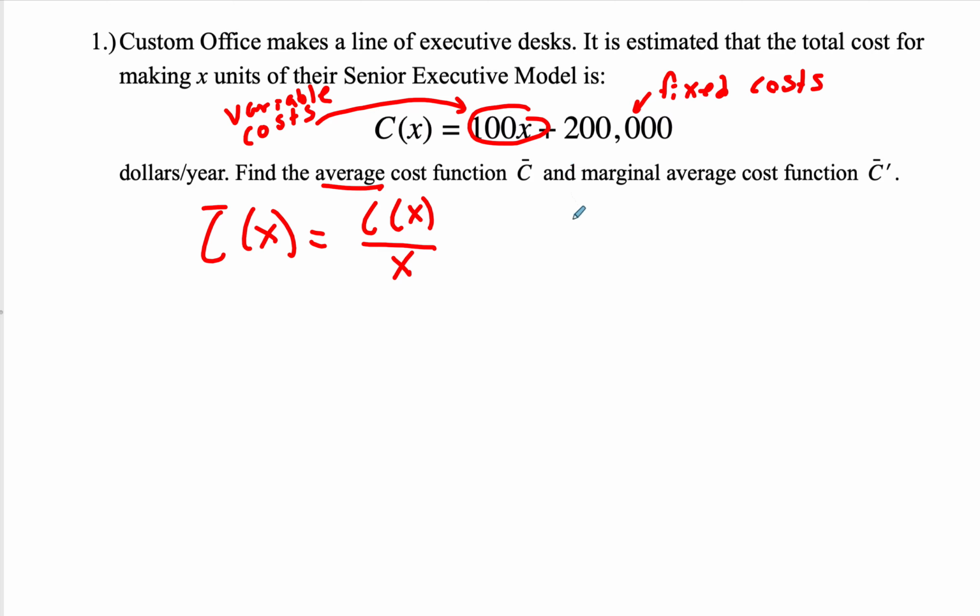So here's an example. Let's say that I make one senior executive model desk, and this is 100, so what I have is 200,000 plus 100. So this is one desk. If I have two desks, it's going to cost me this.